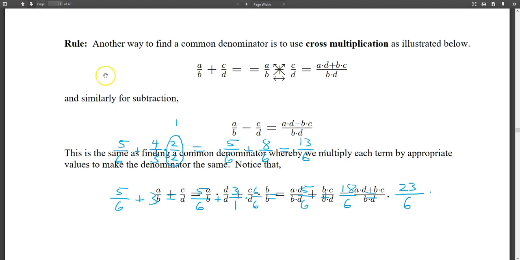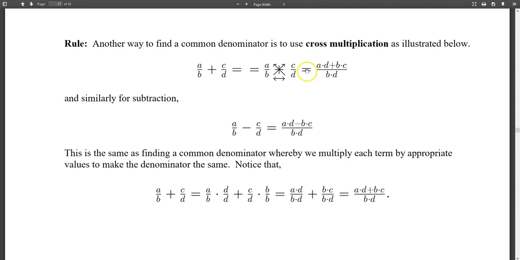Now there's another rule we could follow for creating a common denominator, and that's called cross-multiplying. So this you'll see used sometimes. It's the same as finding a common denominator. If you have a over b plus c over d, so the denominators are not the same, b and d are different, what you can do is multiply the a times d, indicated by this arrow right here.